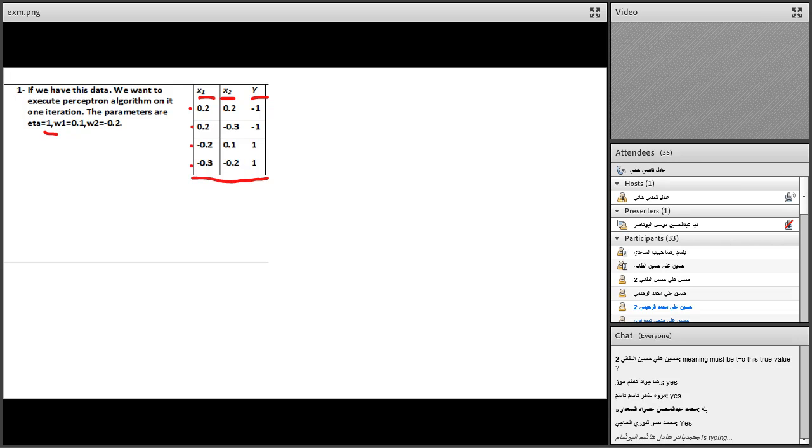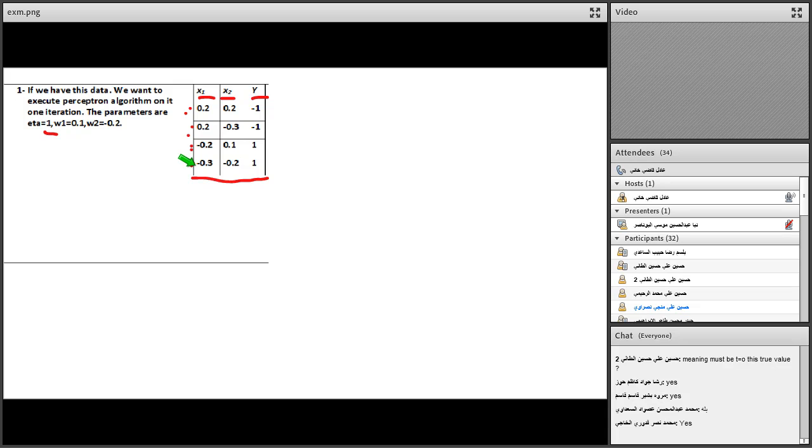Here we have some data with two inputs, x1 and x2, and y is the output. In this table there are four data, 1, 2, 3 and 4. We want to use this data for training a perceptron classifier.